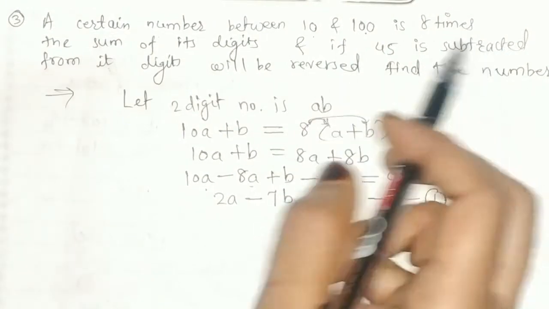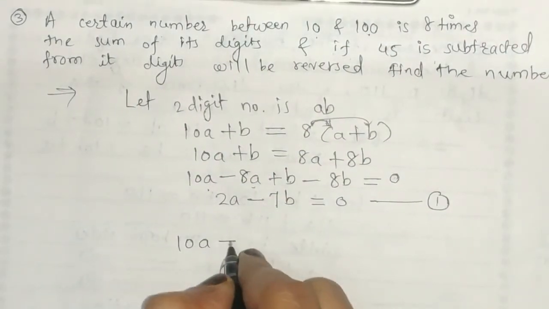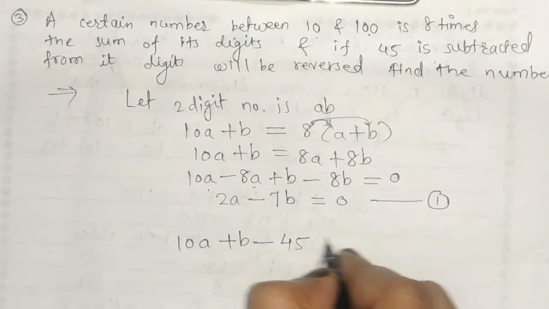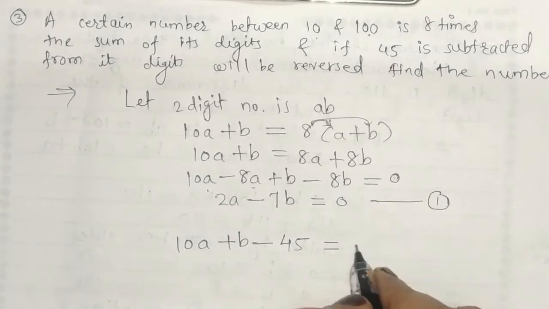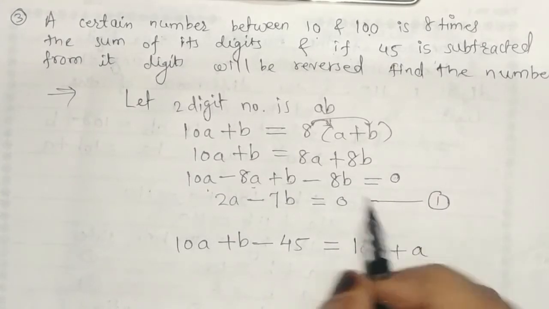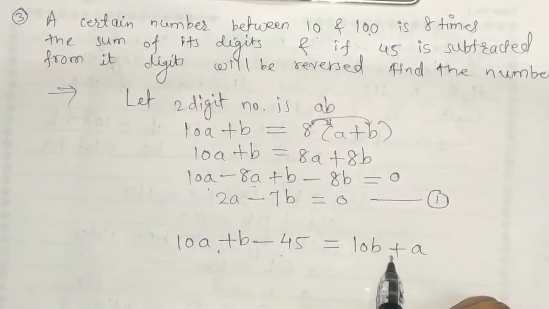And if 45 is subtracted from it, meaning from the original number, if we subtract 45, the digits will be reversed. Reverse means it will be 10B plus A. 45 subtracted from this number, you will get the reversed number.